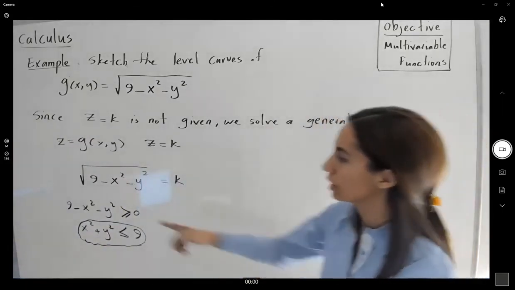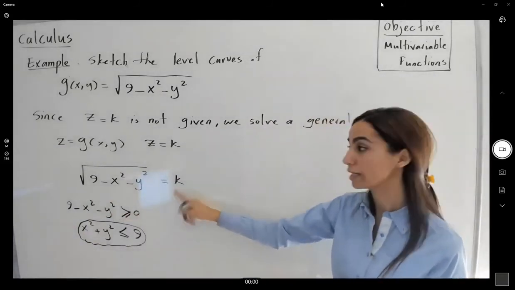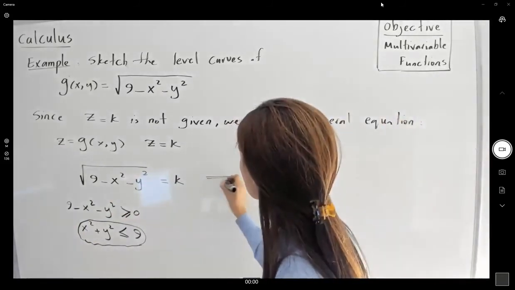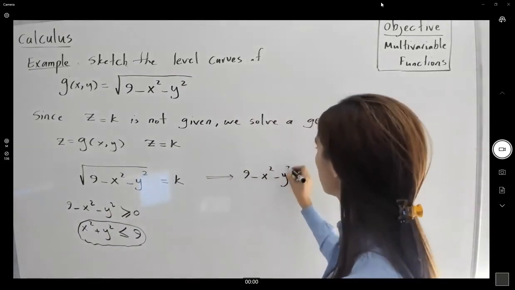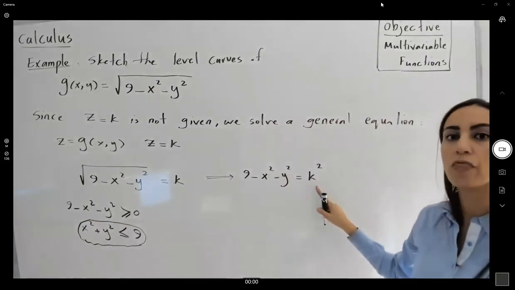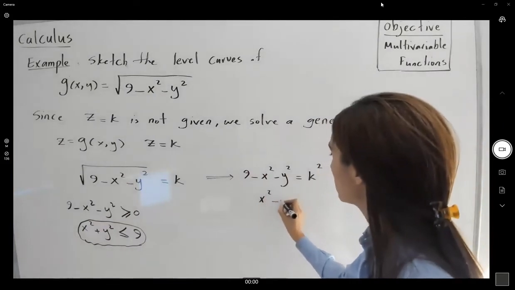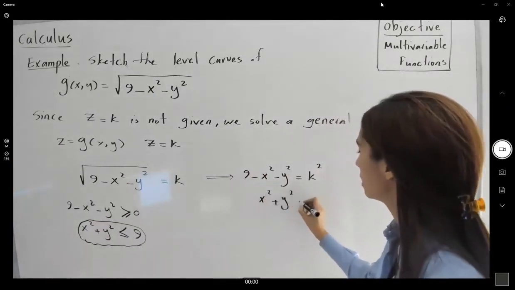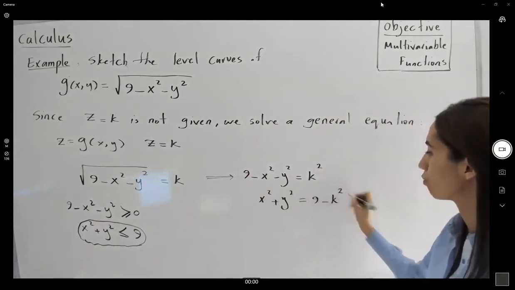Now if I raise both sides to the second power, I get 9 minus x squared minus y squared equals k squared. This is just a number. Now I have x squared plus y squared equals 9 minus k squared.